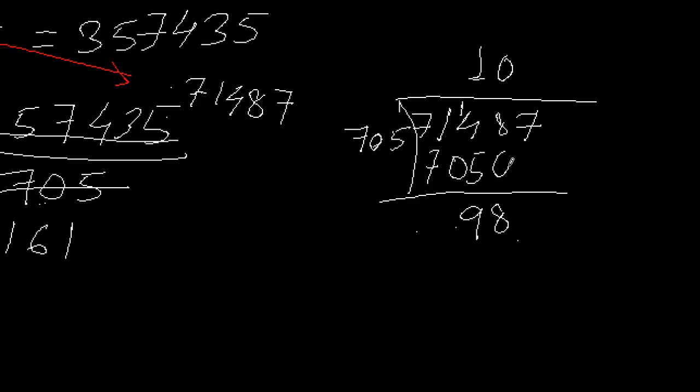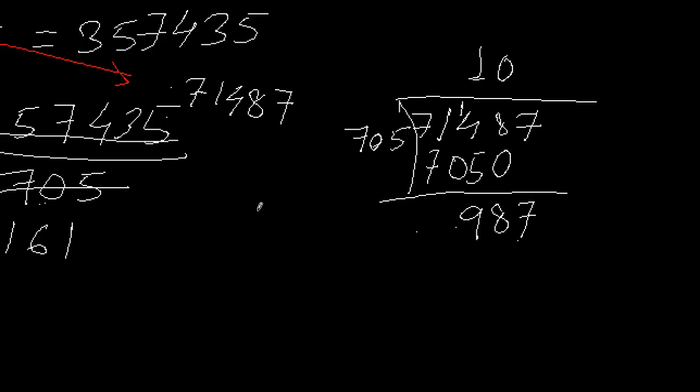If I subtract 7050 from 7148, I'll get 98 as remainder. After that I can bring down 7 beside. So now I have 987.